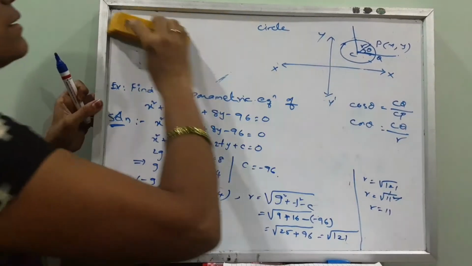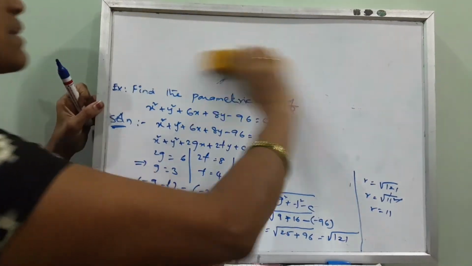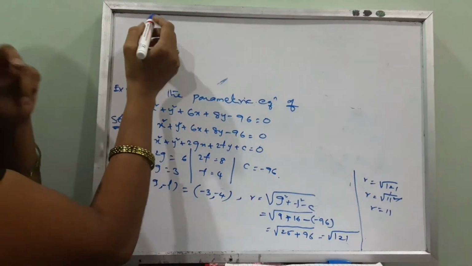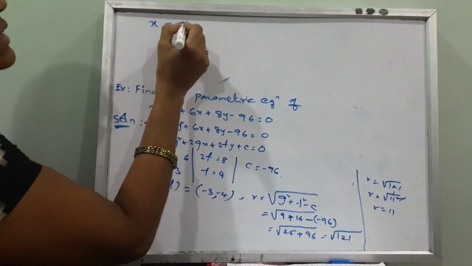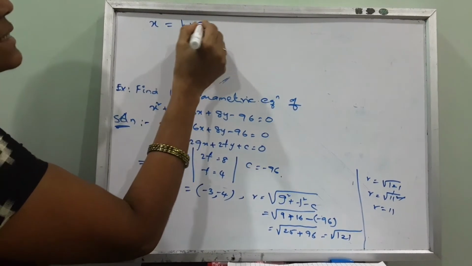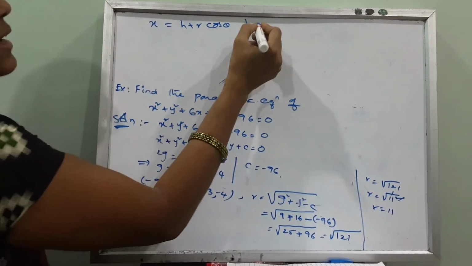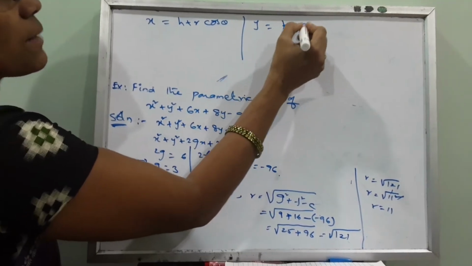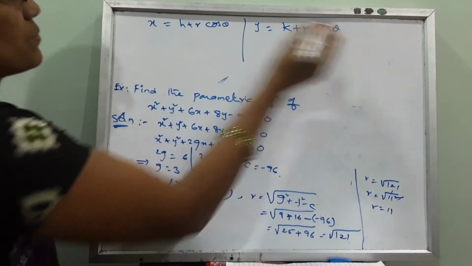Now we have to find the parametric equations of the given circle. The parametric equations are x is equal to h plus r cos theta and y is equal to k plus r sin theta.